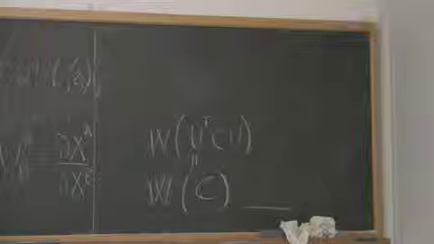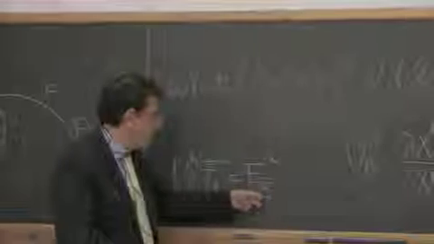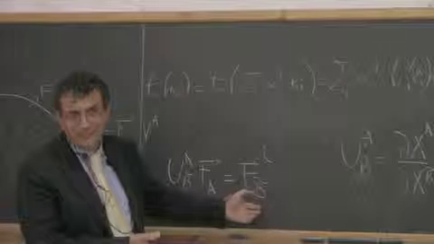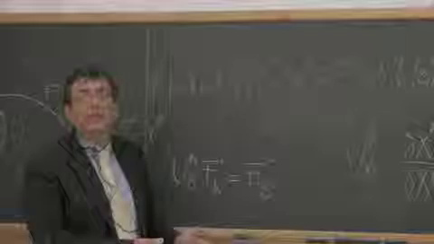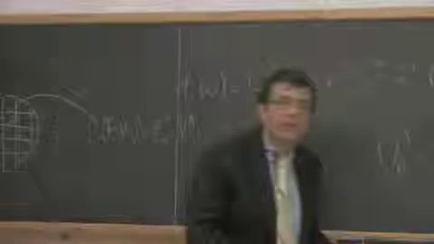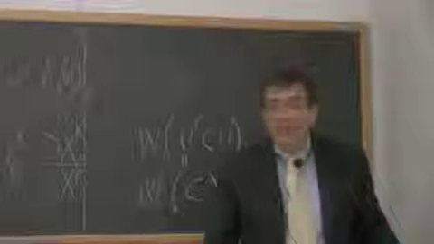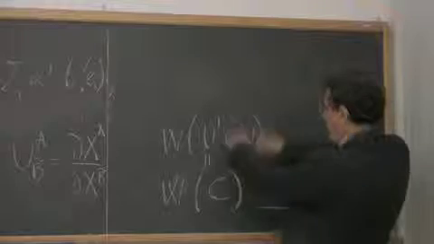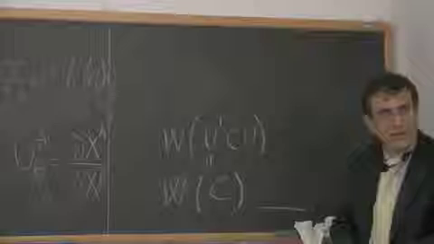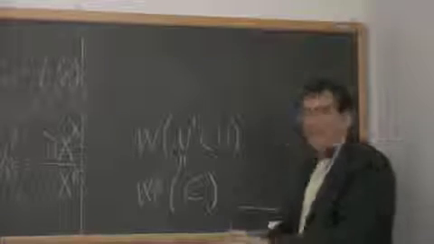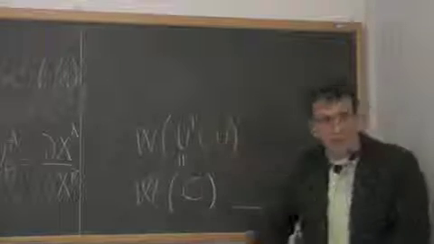Which means either you deform your body with F or you deform your body with F tilde, the deformation energy is the same. And of course it is a group because you can compose the U's. We will see in detail, but this structure tells you it is a group.